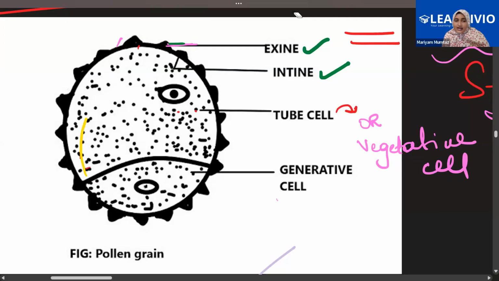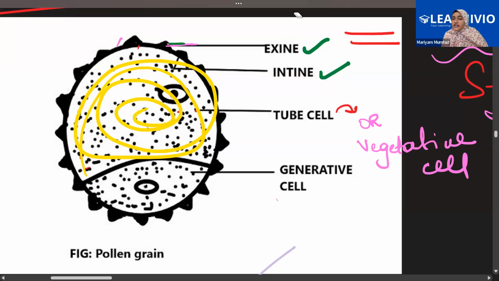Then this larger cell that you're seeing is the vegetative cell or the tube cell. And the smaller cell that you're seeing is the generative cell. Clear?